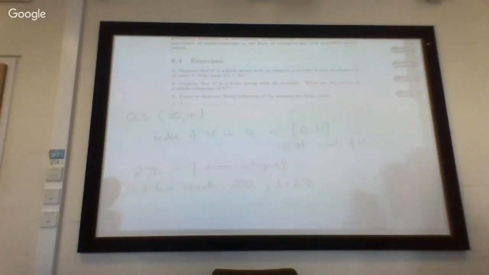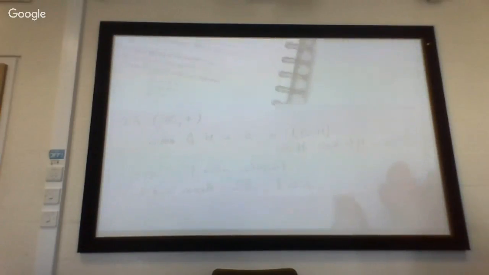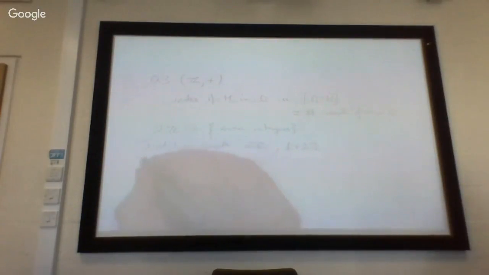I think the statement holds, and it's kind of the mirror image of the statement in question 4. The statement holds for all subgroups except one.